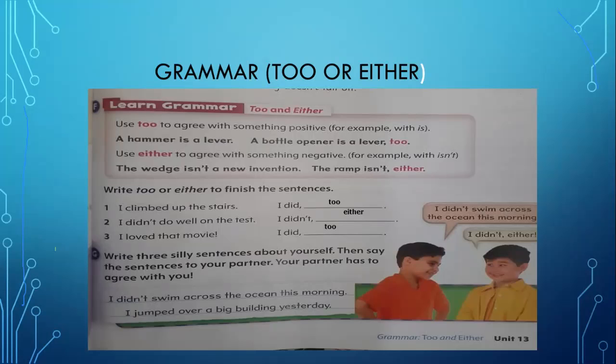So you need to assume one person said, I climbed up the stairs. Second person says, I did too. Do you get it? So over here, there are two persons having a conversation with each other. That's why one person said, I climbed up the stairs, and the second person said, I did too.